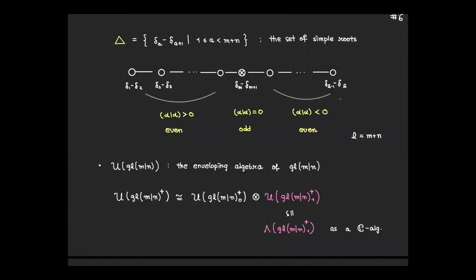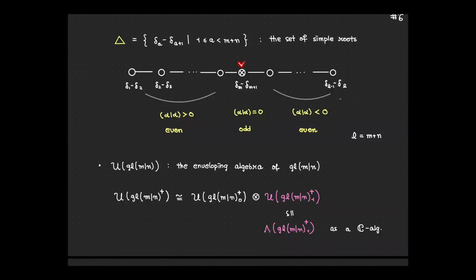So most of the roots have norm 2 or minus 2. Minus 2 happens because the norm of delta A is minus 1 when the index is odd. So we have even roots with a negative norm, which is minus 2, and we also have even roots with the positive norm, 2.